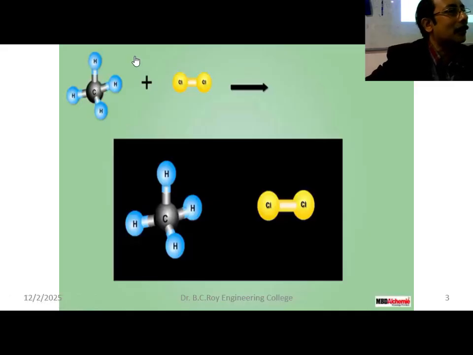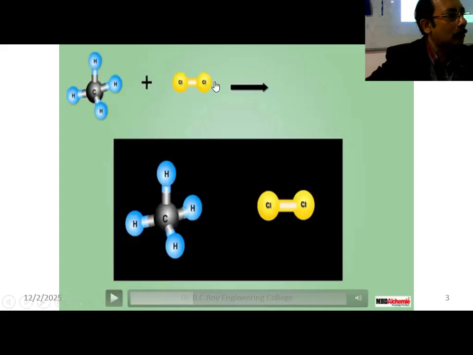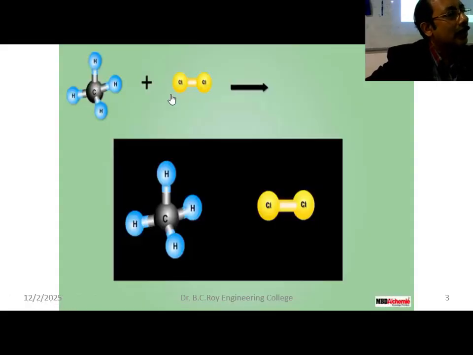By mistake some are writing CH3Cl plus H dot, that is not possible because H dot has got no stability. So CH4 plus Cl dot will give you HCl plus CH3 dot, because CH3 dot has got certain stability. It's an intermediate, called a free radical. CH3 dot is called the methyl free radical. It has got existence. Methyl free radical, propyl free radical, ethyl free radical.